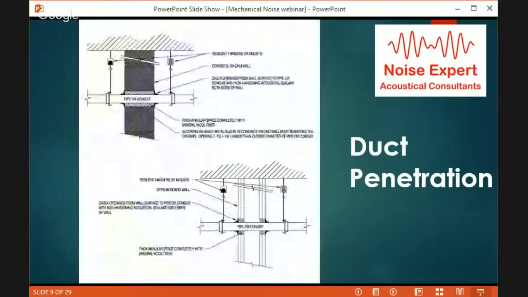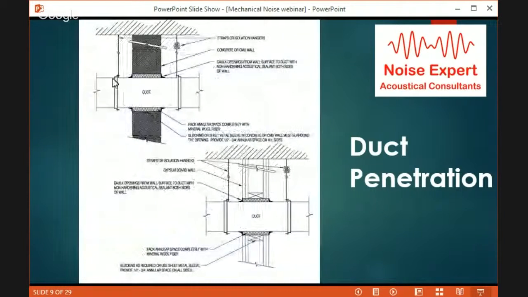Duct penetrations. This is especially critical if your duct or your mechanical room is right near a noise sensitive room. Whether it's a gypboard wall or a concrete wall, you're going to want non-hardening airtight seals. Noise works a lot like light.